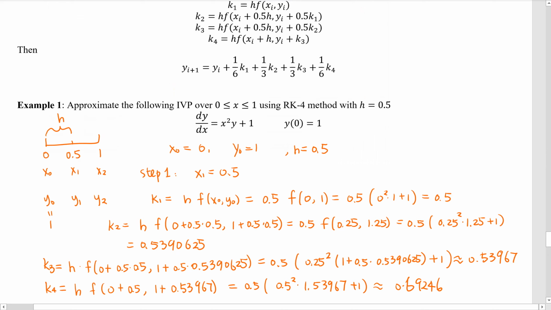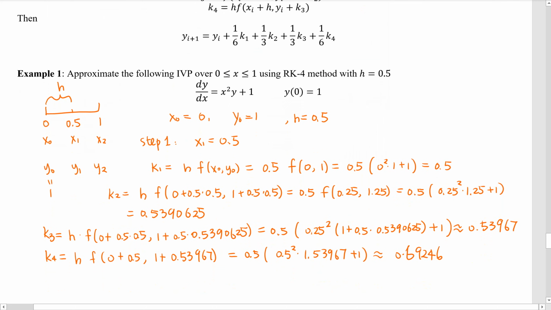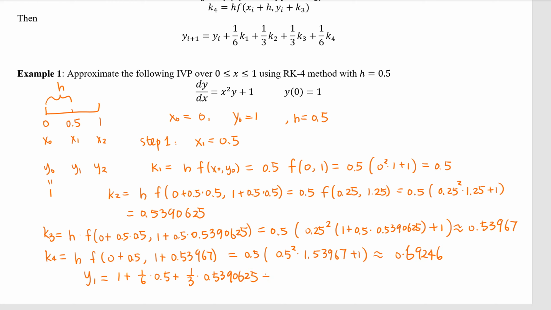So far, so good, everybody? Okay, so once we get K1, K2, K3, K4, then Y1 equals Y0. Y0 is 1 plus 1 over 6 times K1, which is 0.5, plus 1 over 3 times K2, which is 0.539065.